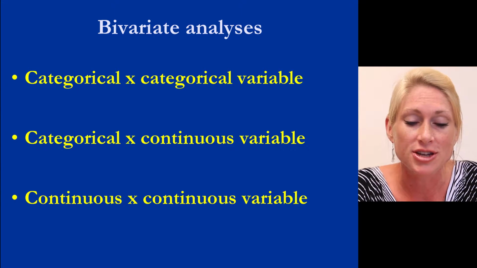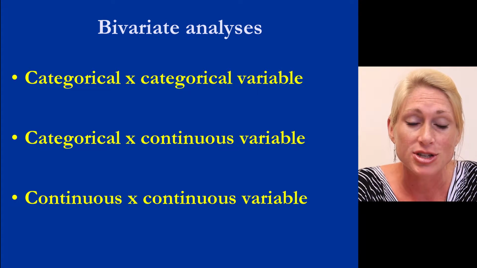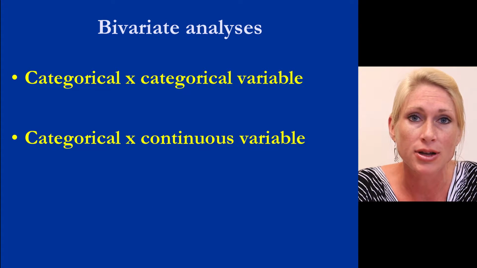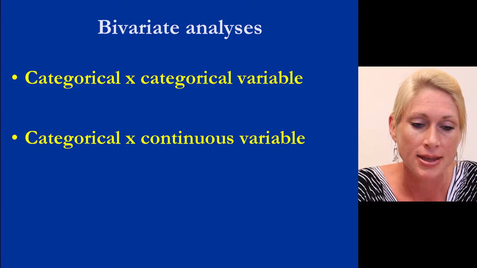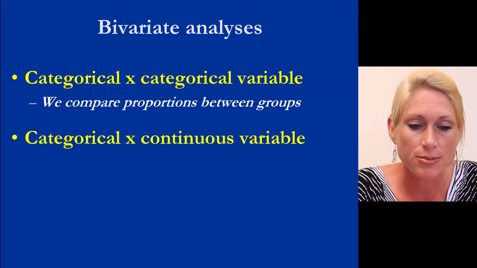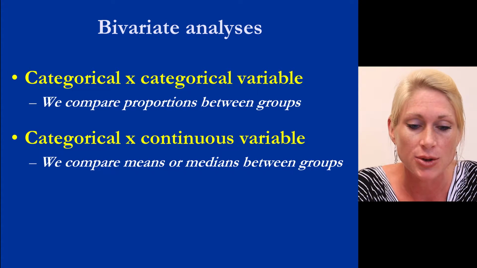In operational research, we seldom analyse two continuous variables. So with this in mind, and in the interest of time, we are just going to look at these two variable combinations. For the analysis of two categorical variables, we compare proportions between groups, and for the analysis of categorical and continuous variables, we compare means or medians between groups.